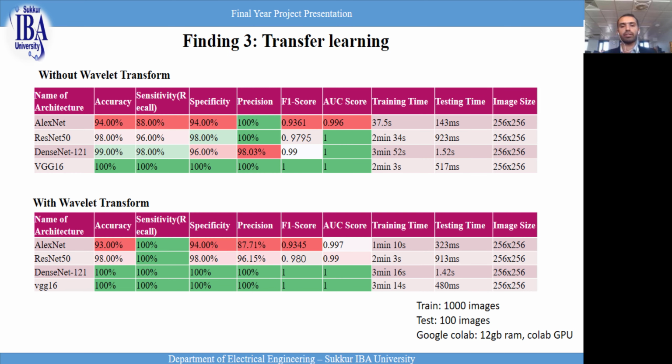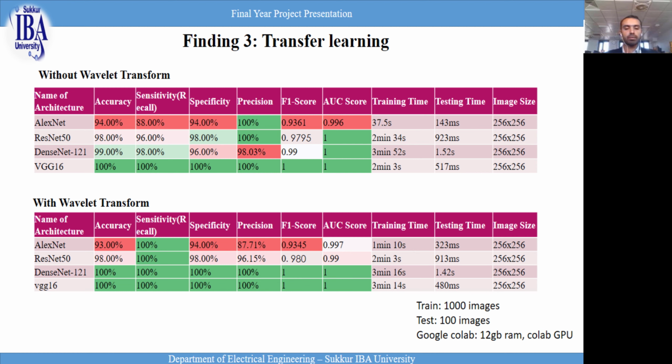In finding 3, we have used transfer learning with these 4 models: AlexNet, ResNet 50, DenseNet, and VGG16. Here we have applied the wavelet transform; these results are without wavelet transform, and these results are with wavelet transform.